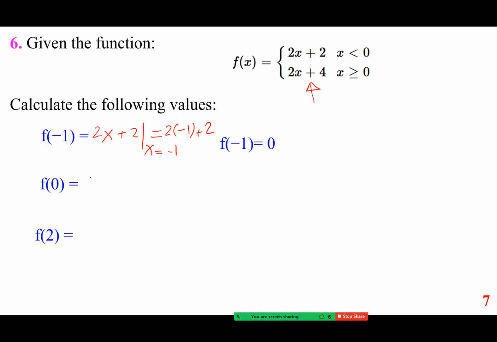That means we are going to use 2x plus 4 when x is 0, which makes it 2 times 0 plus 4 equals 4. And for 2 also, we're going to use the same thing, 2x plus 4 at x equals 2, which makes it 2 times 2, 4 plus 4 equals 8.